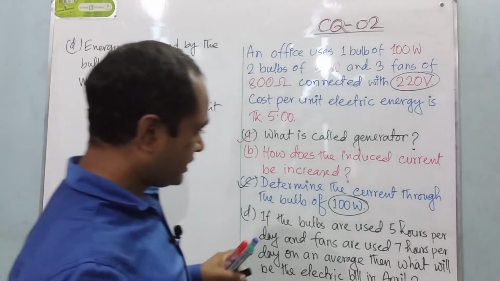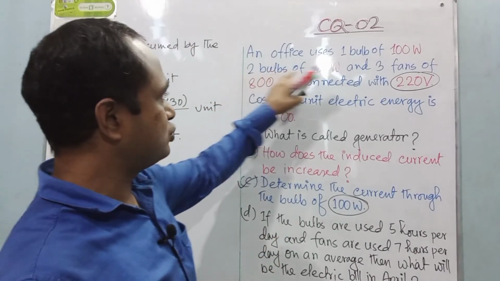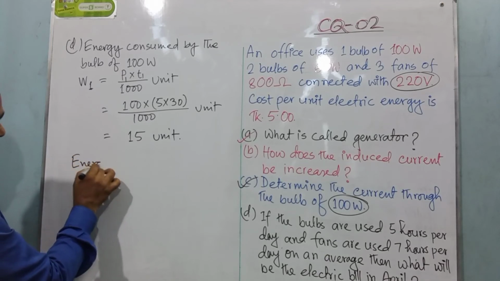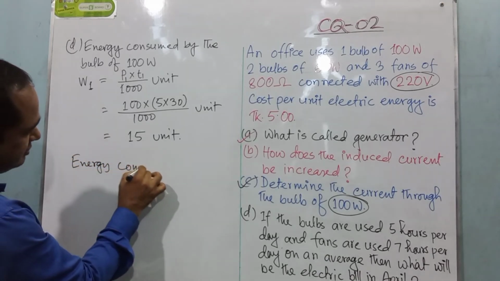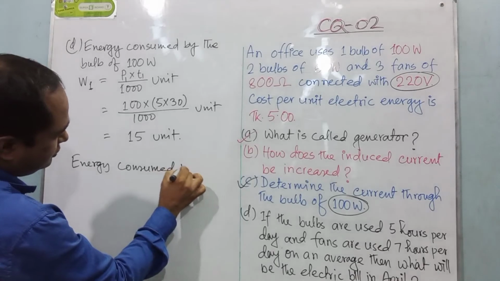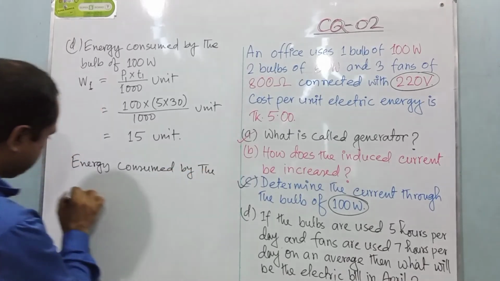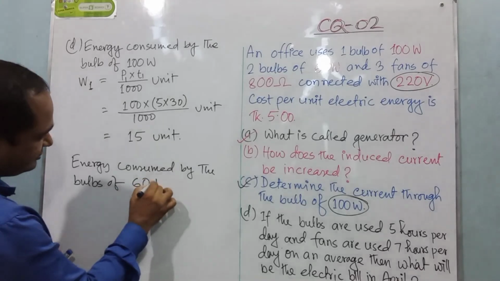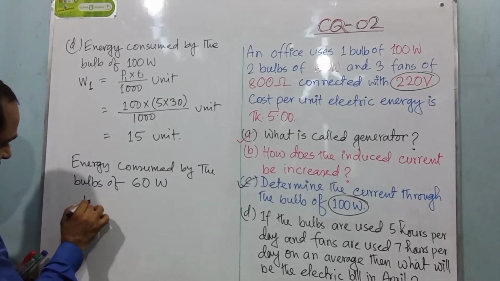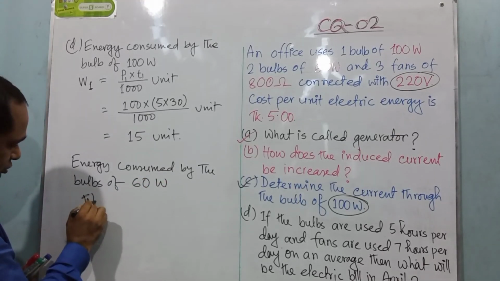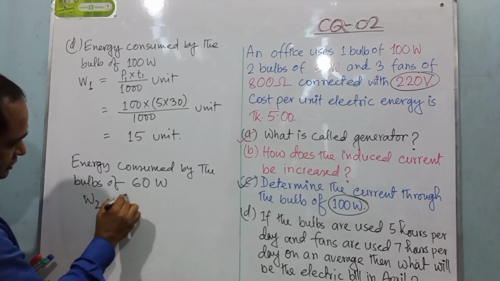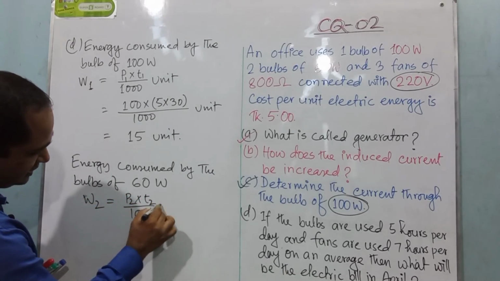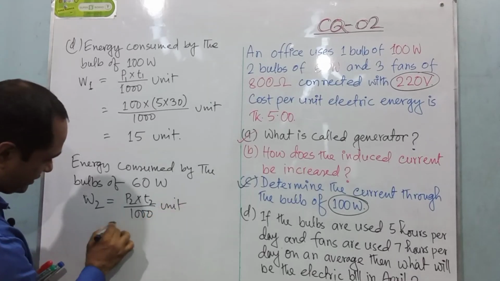Similarly, we have to calculate the energy consumed by the two bulbs of 60 watt. If this energy is denoted by W2, W2 is equal to P2 multiplied by T2 divided by 1000 unit, right?